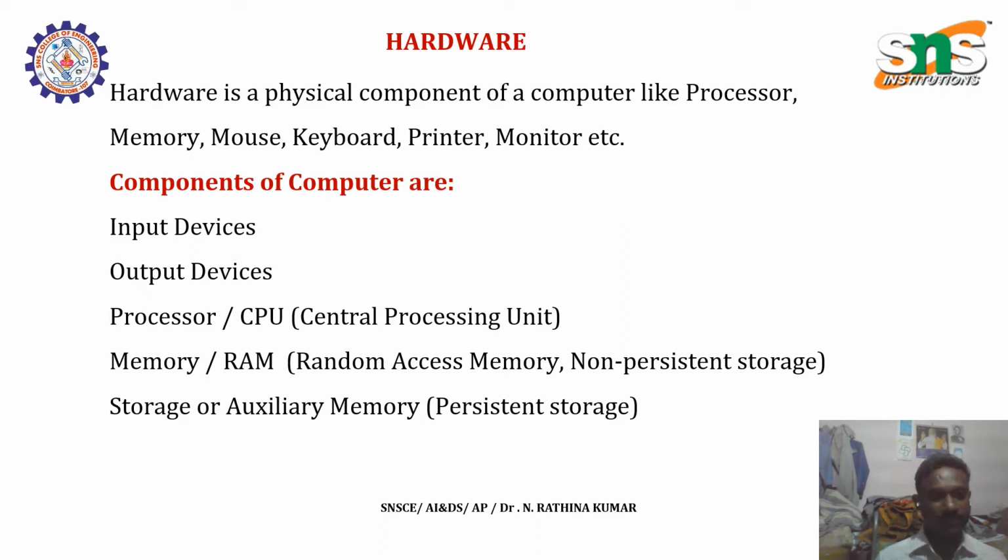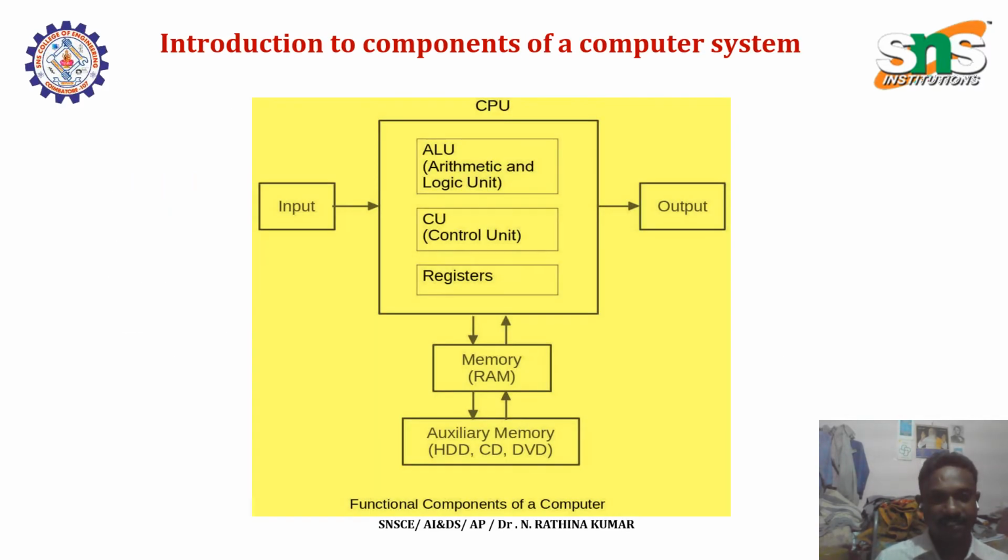Next we are going to see the components of computers. In general, the computer components are classified into 5 types: input devices, output devices, processor, memory, then storage or auxiliary memory. We'll see them one by one.